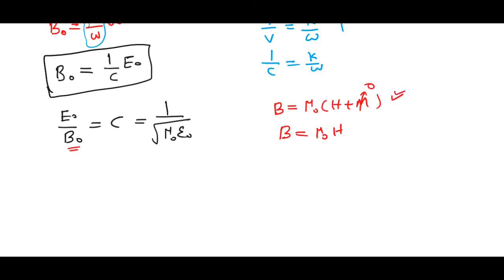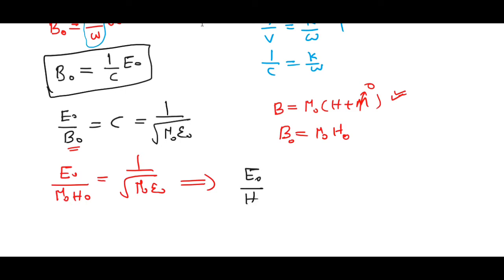This equation you might have learned in the +2 class. Otherwise, once again we will meet the same equation in the forthcoming lectures. B0 can be replaced by μ0 H0. Therefore, this will be E0 by μ0 H0, that is equal to 1 by root of μ0 ε0. From this you can write E0 by H0 is equal to μ0 by root of μ0 ε0, which is nothing but root of μ0 by ε0.